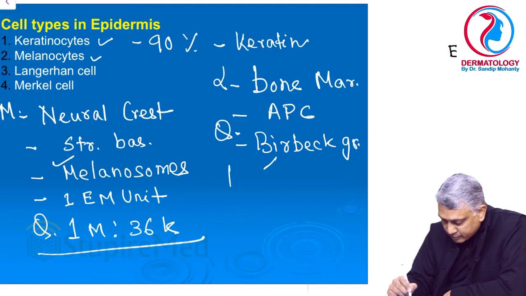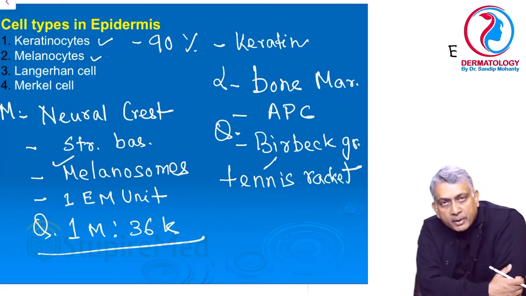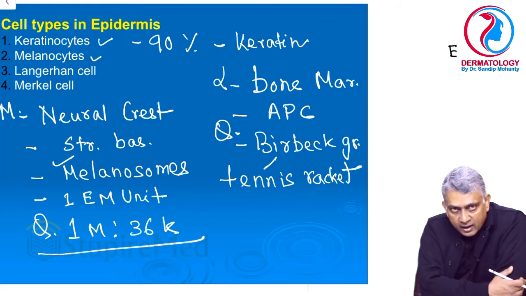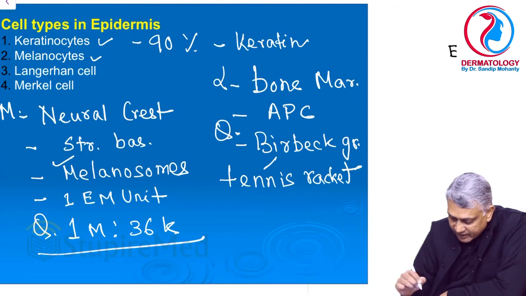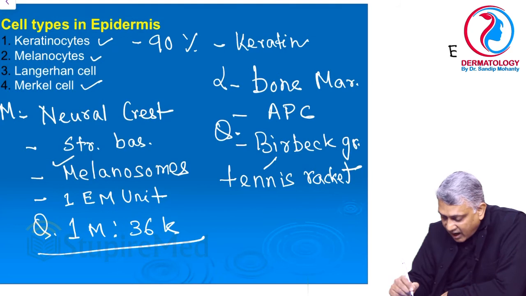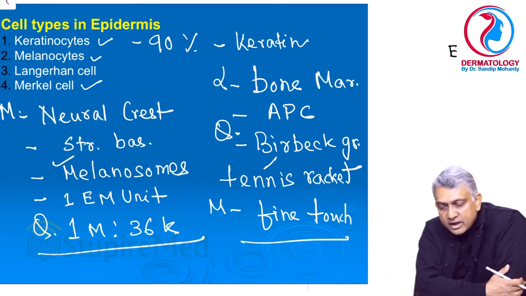The shape of this Birbeck granule is like a tennis racket, which is present in Langerhans cells. And one more, as you see here, Merkel cells. Merkel cells are mechanoreceptors for fine touch.